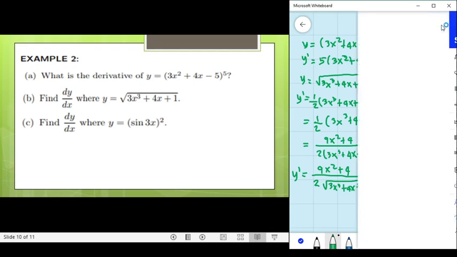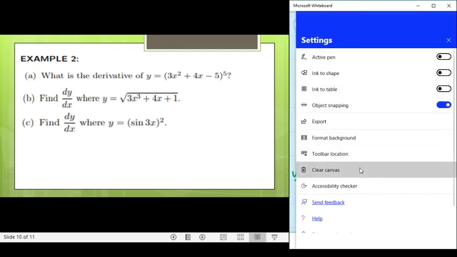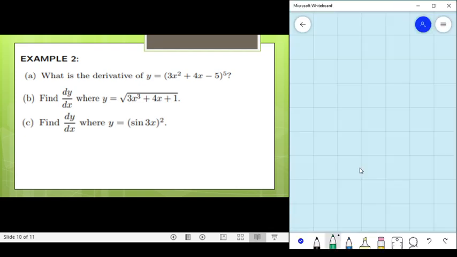Okay. What about next? We have letter C, the given is y equals sine 3x to the second power.